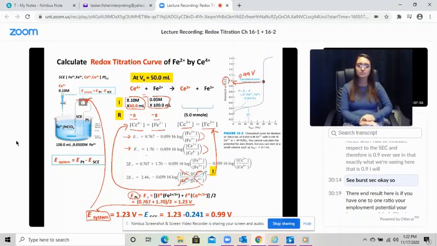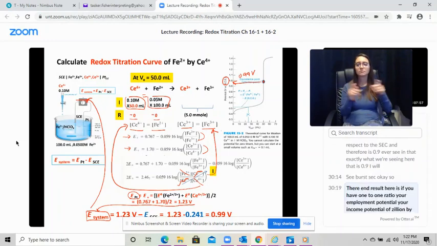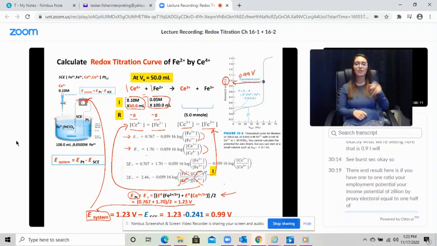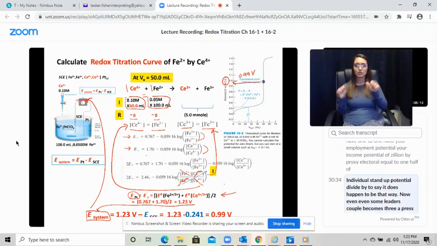Okay, so the end result here is if you have a 1-to-1 ratio, your endpoint potential observed by the platinum electrode is equal to the sum of the individual standard potentials divided by 2. So it does happen to be that way.